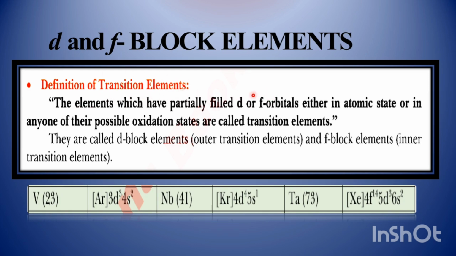Similarly, the f orbitals can accommodate a total of 14 electrons, but only if partially filled will it be called a transition element. The d block elements are called outer transition elements, whereas the f block elements are called inner transition elements.